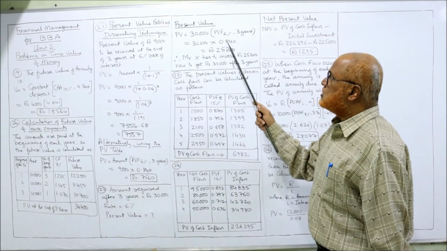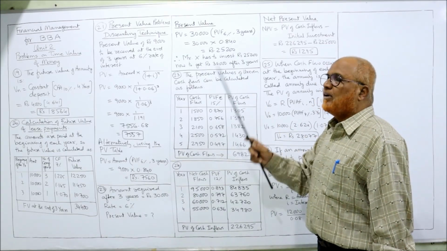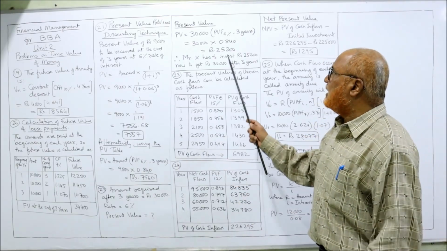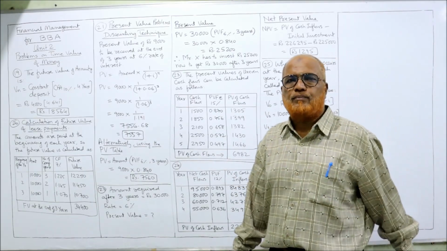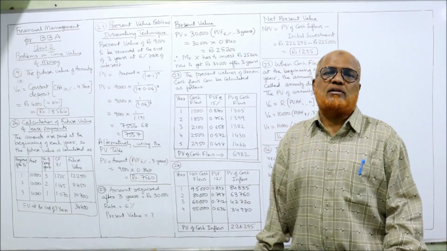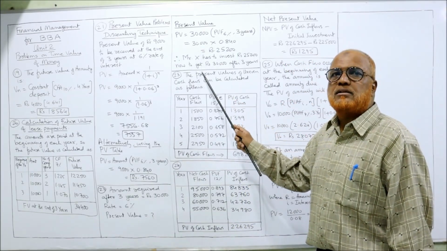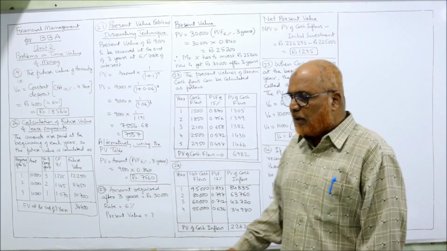So take 0.840 into 30,000, 25,200. So if Mr. X invests 25,200 in a deposit which gives interest at 6%, then at the end of 3 years he will get 30,000. That's it.